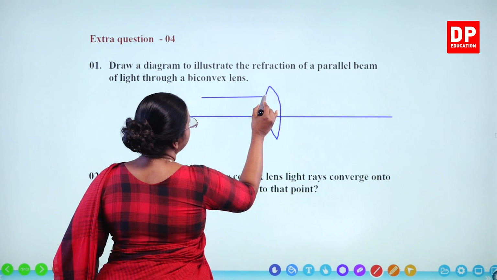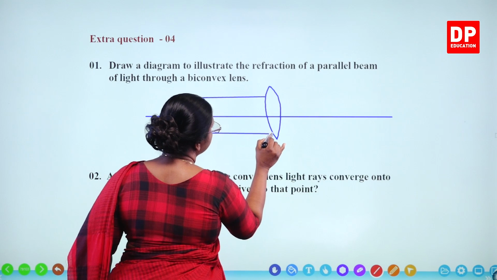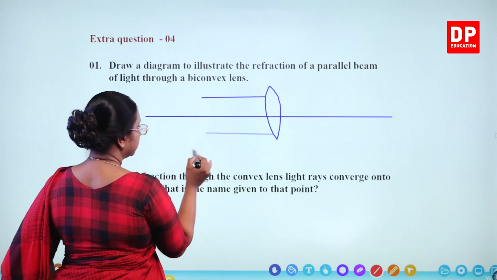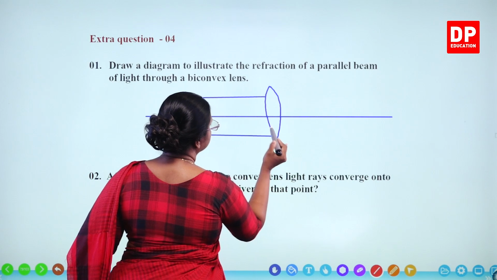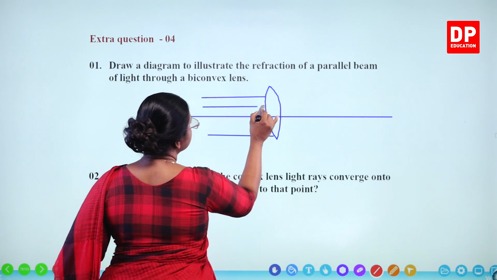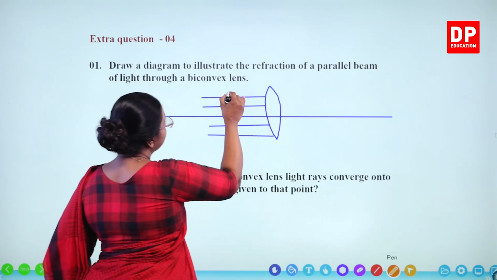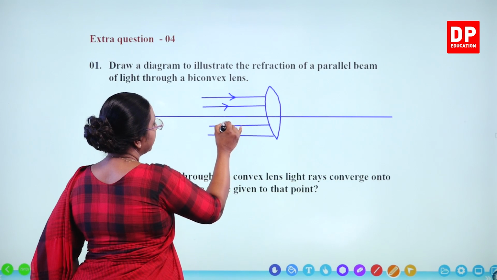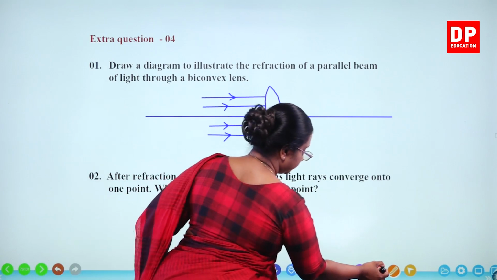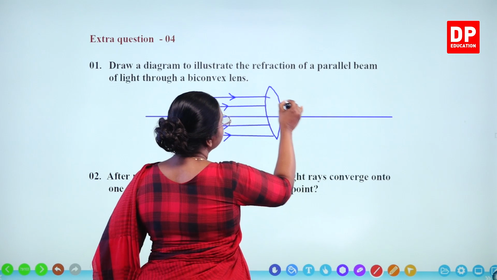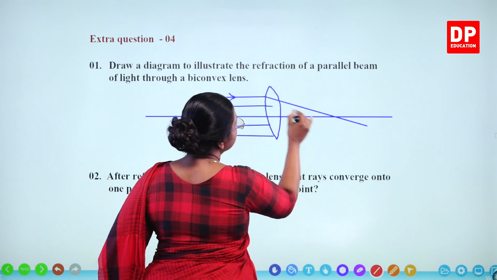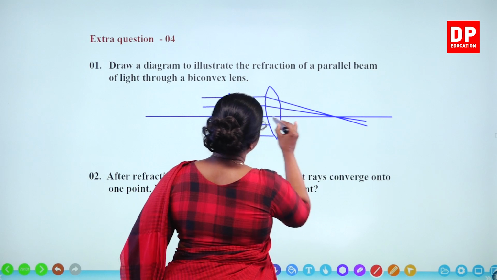So, here they are parallel beams of light. So, in order to make them light rays, we have to use arrowheads. And all of them converge onto the same point.